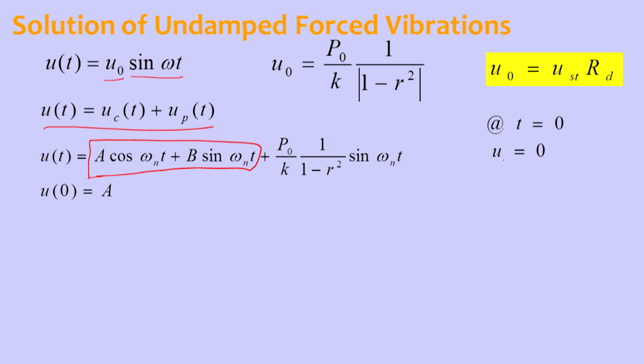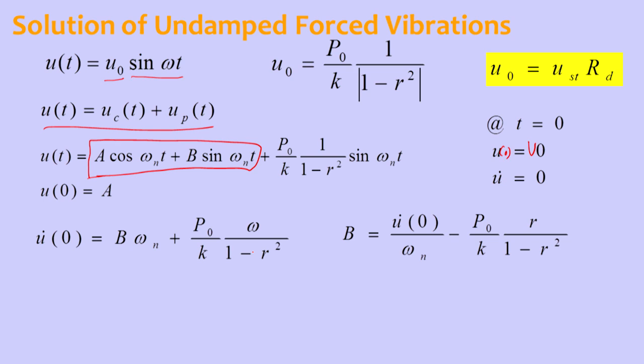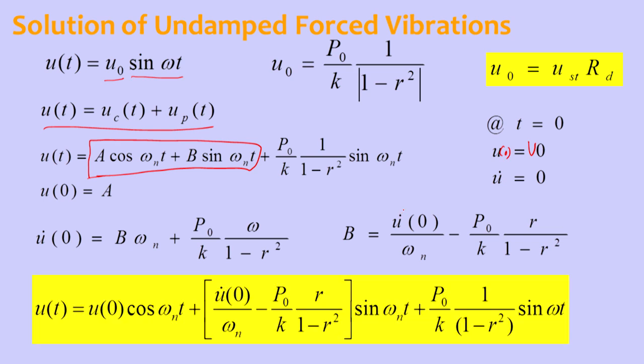So at t equal to 0, if we substitute displacement u equal to u0 in this one, then u0 will be a, and for the velocity component, u dot 0 will be b omega n plus p naught by k omega by 1 minus r square. Using this we can get the constant b as this term, and then if you substitute back in the original equation, this is the solution of undamped forced vibration.